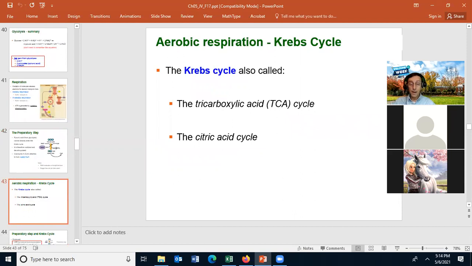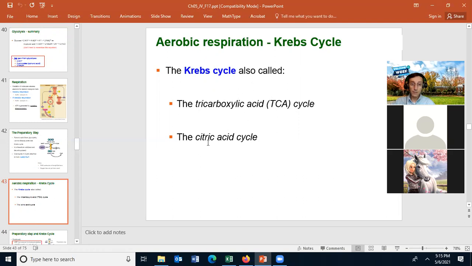Okay, now the acetyl coenzyme A can enter the Krebs cycle. But you should know that the Krebs cycle has some different names. I, and your textbook author, tend to call it the Krebs cycle, after the doctor who discovered it. But it can be called the tricarboxylic acid cycle, or TCA for short, because the Krebs cycle involves a bunch of tricarboxylic acids.